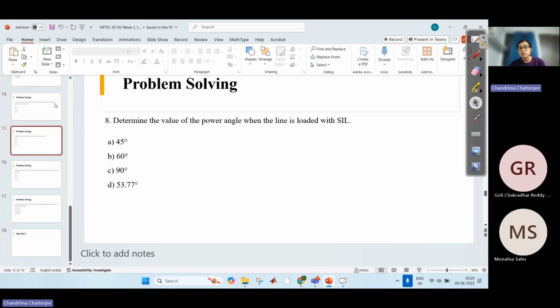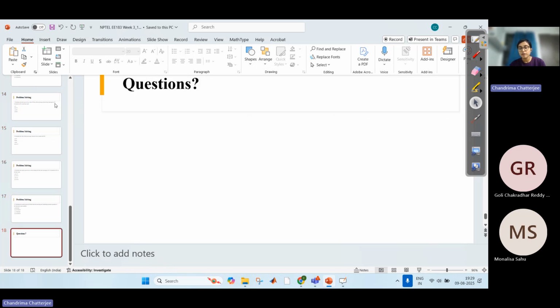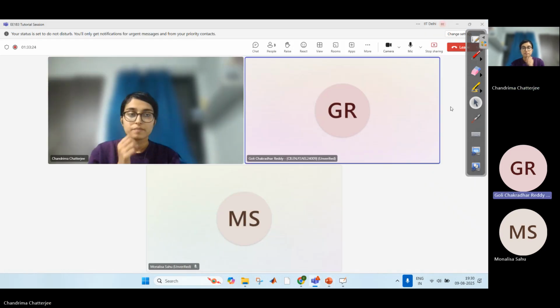So are you guys master students or bachelor students? I am master student. Okay. So in bachelors, are you from electrical background or any other stream? Electrical background. Okay, so you must have studied basic power systems. In there also these things were there. Yes, power flow analysis.